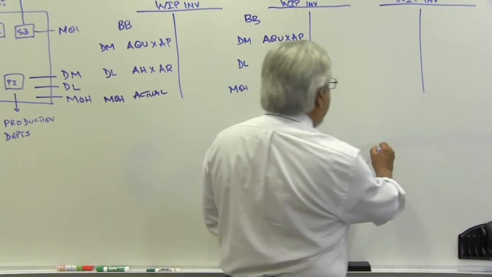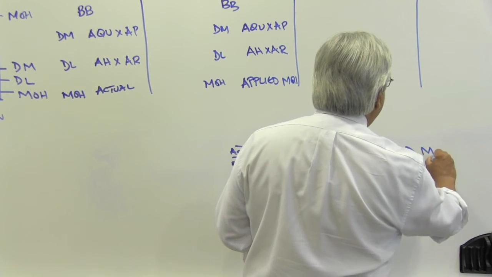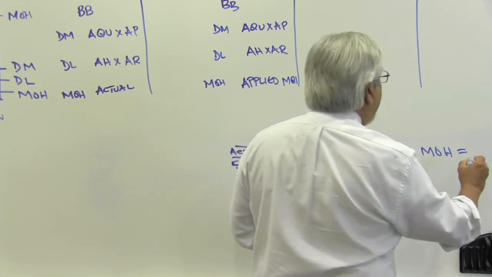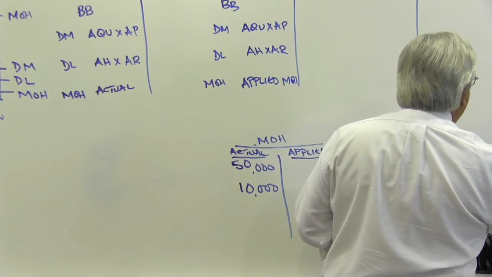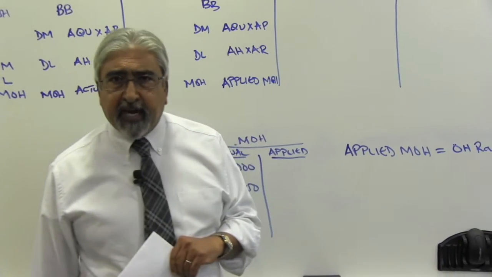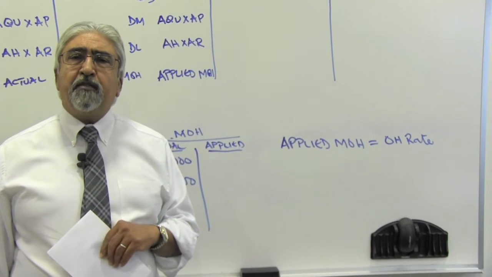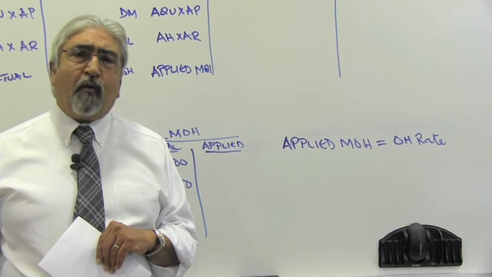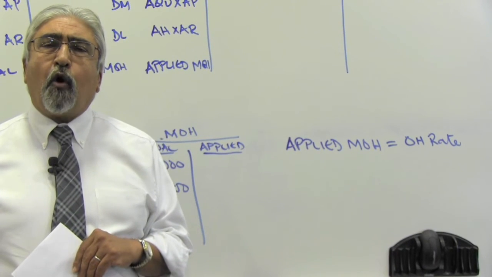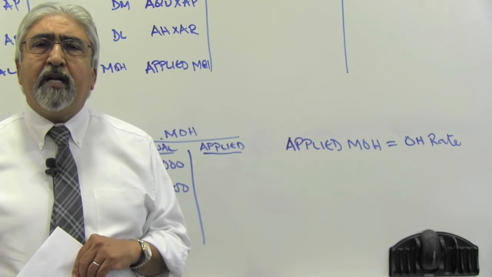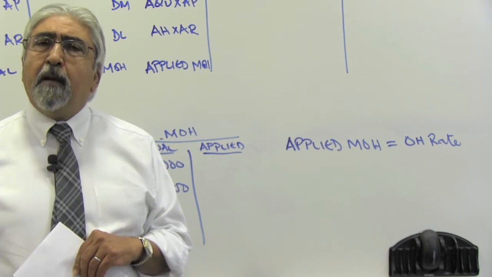To calculate applied manufacturing overhead, you first need to develop something that is called an overhead rate. So, in normal costing, we will develop something called an overhead rate. To be very precise, this is called a predetermined annual overhead rate.